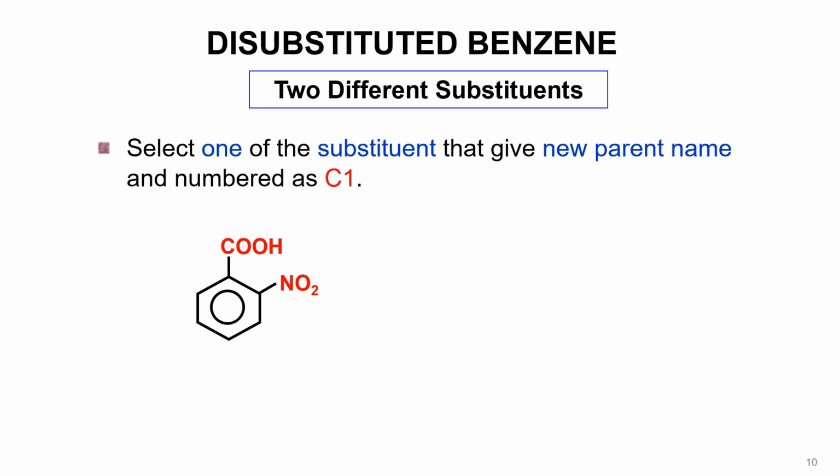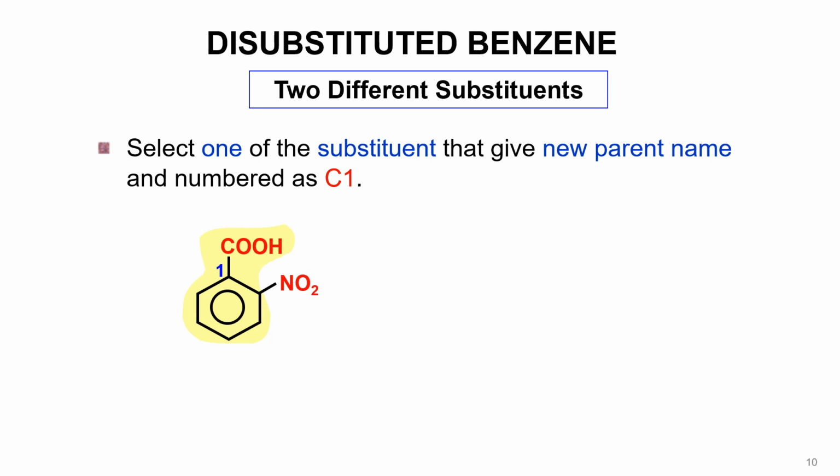If there are two or more substituents or functional groups attached to the benzene ring, one of the substituents should be given as the parent name. In this case, COOH is given priority to be the parent name. So, carbon 1 starts at the carbon that contains COOH.